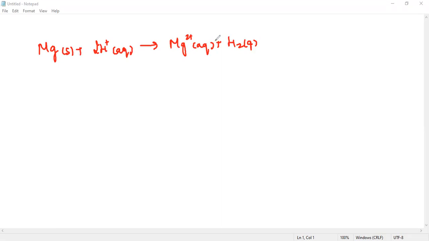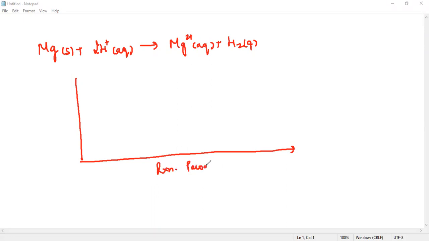Now if we see a graph between the energy axis and the reaction progress on the x-axis. Let's say this is your reaction progress and this is your energy on this axis. Initially you have your reactants, so high potential energy of the chemical system.